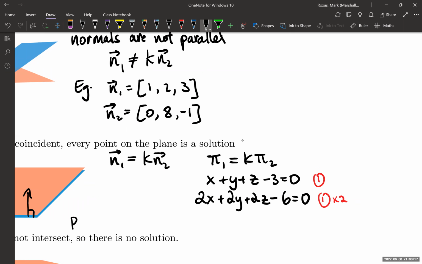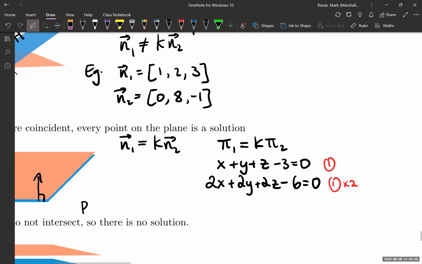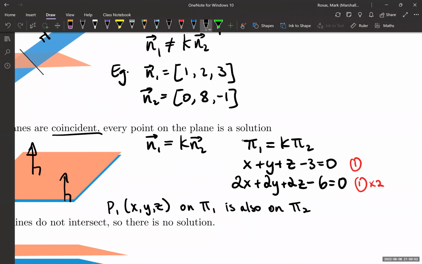In essence, even if you're not talking about the equations themselves, all we really need to do is find a single point x, y, z on one of the planes, plug that point into both of these equations, and if we find that it works on the first plane, and we also check that it is on the second plane, then we know that both planes are coincident. They are the same plane, right?